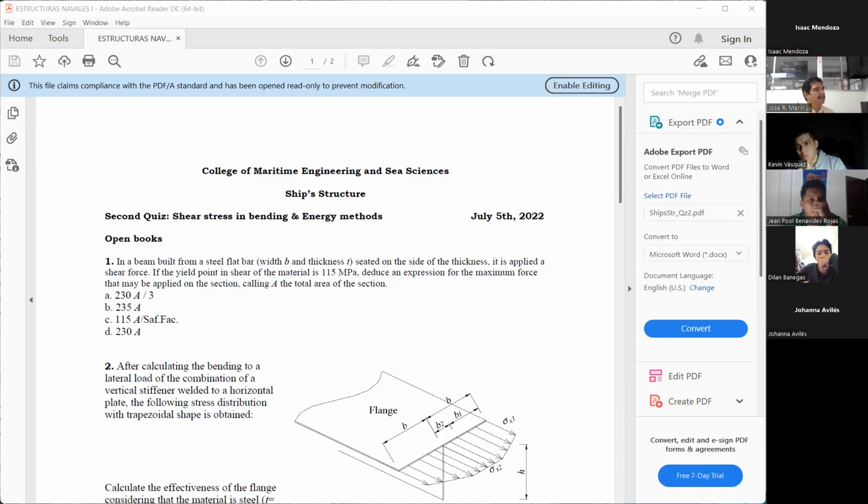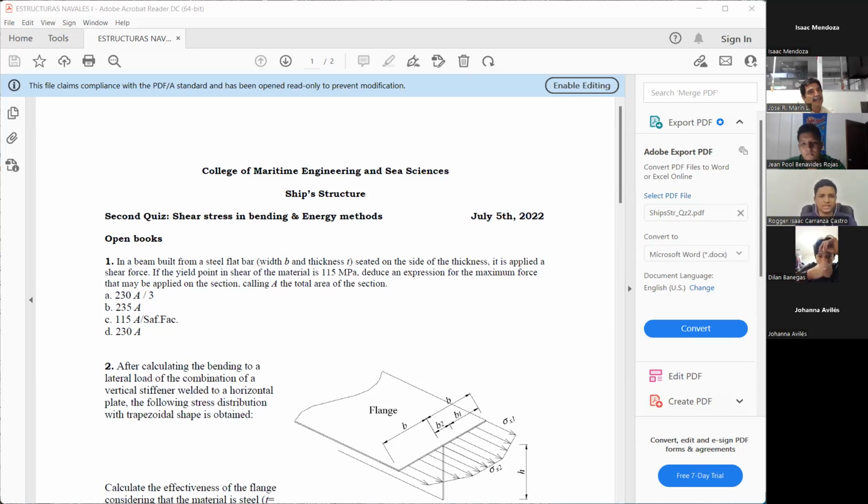Mr. Carranza, what is the maximum value of Q in a flat bar section? Yes, doctor, good morning. The maximum value is in the neutral axis. Please listen to the question. I'm not asking where, I'm asking how much is the value.